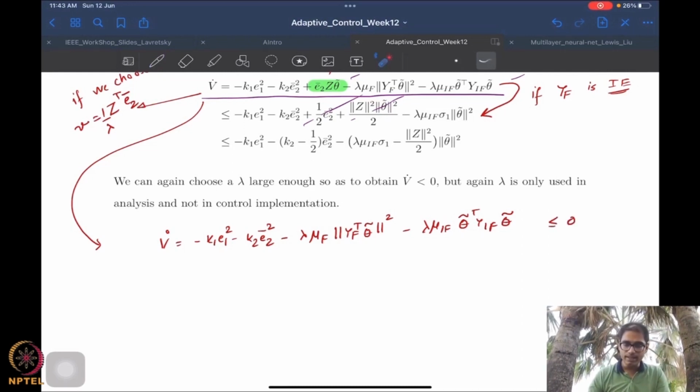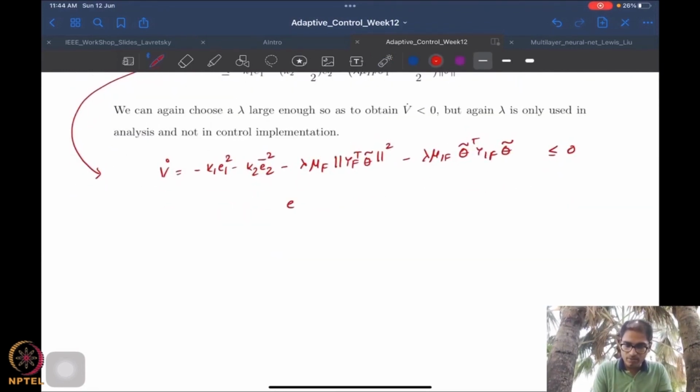So if there is no excitation, then I can ignore these terms, or I can still prove that Yif theta tilde and Yf transpose theta tilde are going to go to 0. And you will also be able to prove that E1 and E2 bar go to 0.